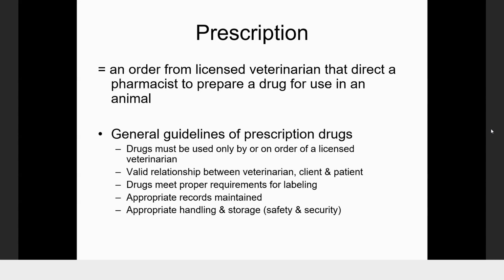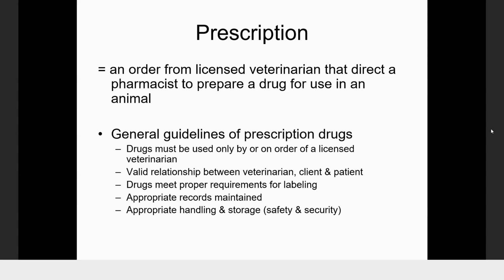So what is a prescription? A prescription is an order from a licensed veterinarian that directs a pharmacist to prepare a drug for use in an animal. It could be a veterinarian writing a prescription so that the client gets it from a pharmacist, or gets the drug from another veterinarian in another clinic.